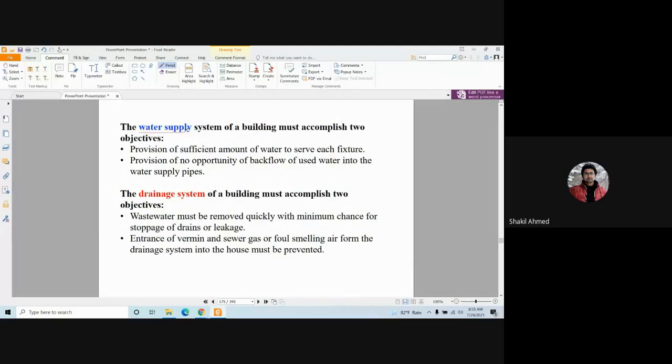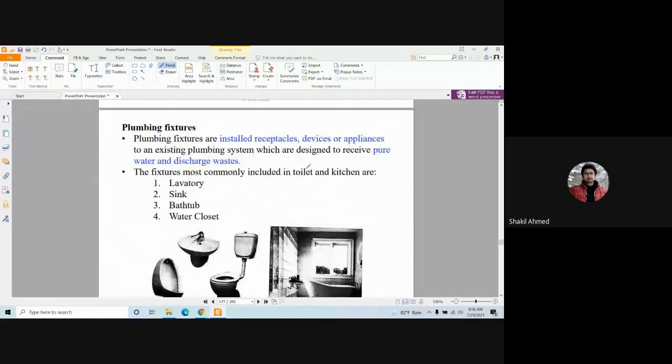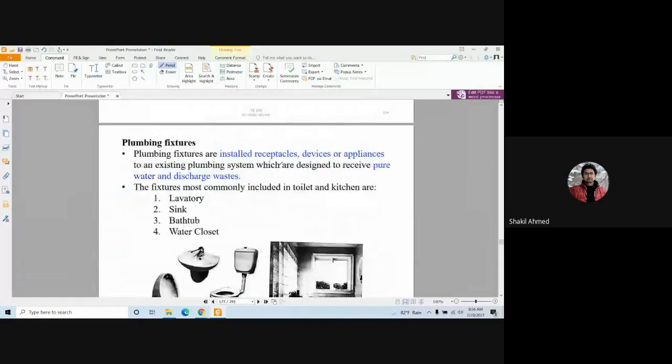So the water supply system of a building must accomplish two objectives for proper functioning. Number one, provision of a sufficient amount of water to serve each fixture. What is a fixture, guys? Fixtures are installed receptacles, devices, or appliances in an existing plumbing system which are designed to receive pure water and discharge waste.